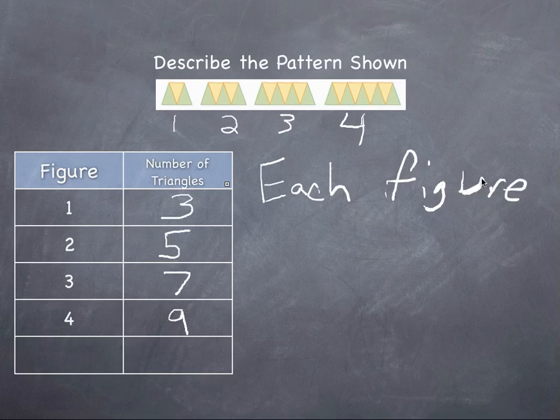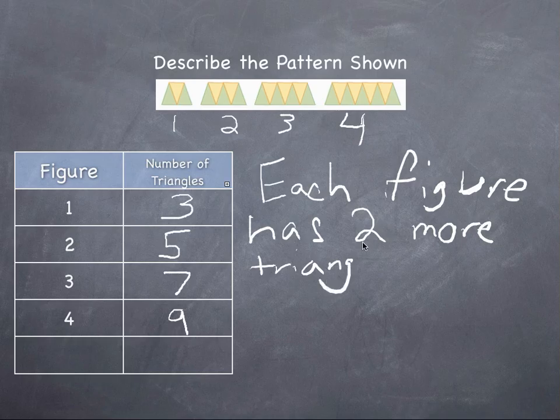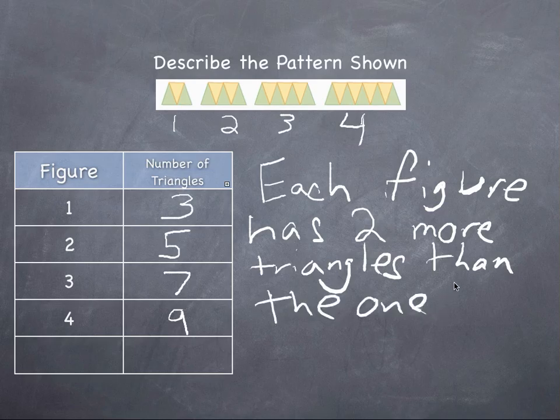We could say something like: each figure has 2 more triangles than the one before. Boy, this is really lifelike to class, isn't it? So each figure has 2 more triangles than the one before.